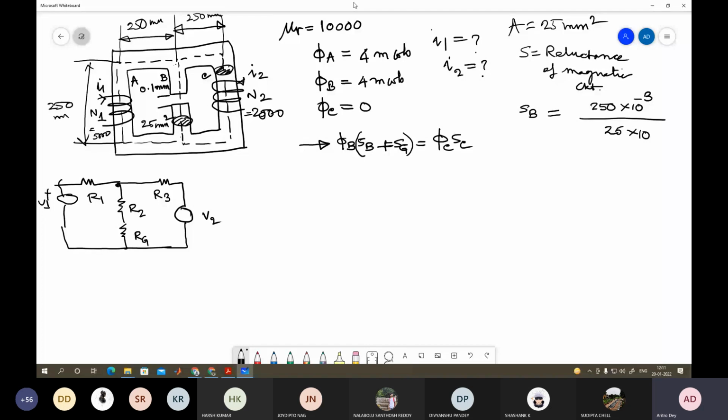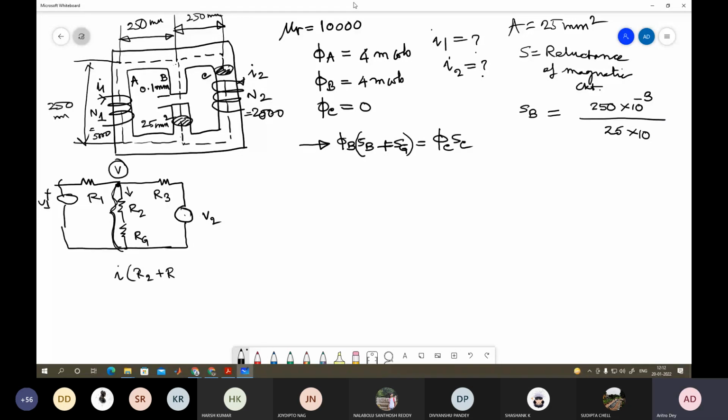If this is V, then how can the current through this path become 0? When this is equal to having the same potential, isn't it? So this V is what? The drop across this. If the branch current through this branch is I, then it is equal to I into R2 plus RG.